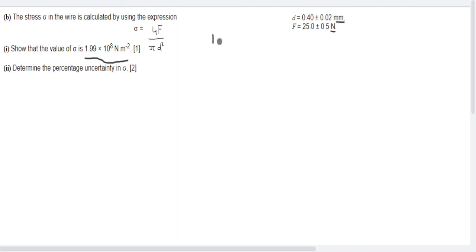So 4 times F, which is 25, I would not change 25 into any other unit because it's already in newtons, over pi times 0.4 times 10 to the power of negative 3 to convert this millimeter into meter, and then this whole thing is squared. And when I solve this, I should get 1.99 times 10 to the power of 8.